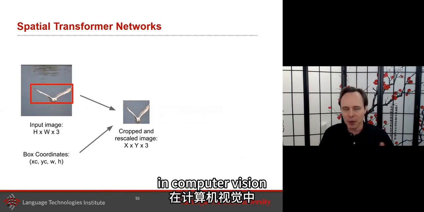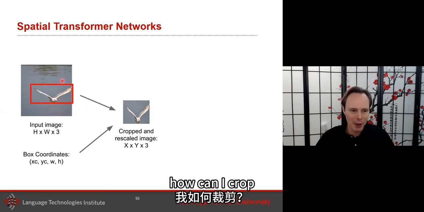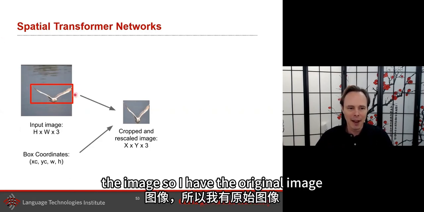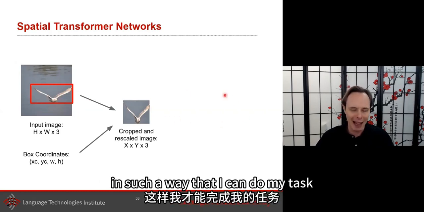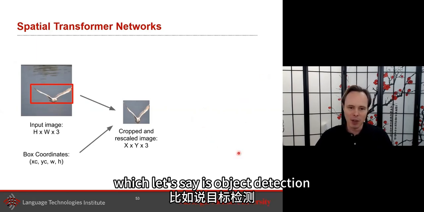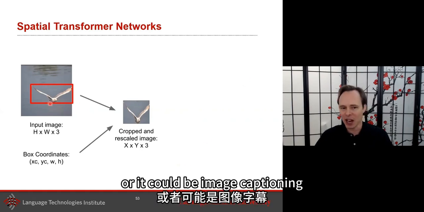In computer vision, I would say maybe a warping function, but just here, how can I crop the image? So I have the original image, and I want to crop it in such a way that I can do my task, which let's say is object detection, if it's purely vision, or it could be image captioning.